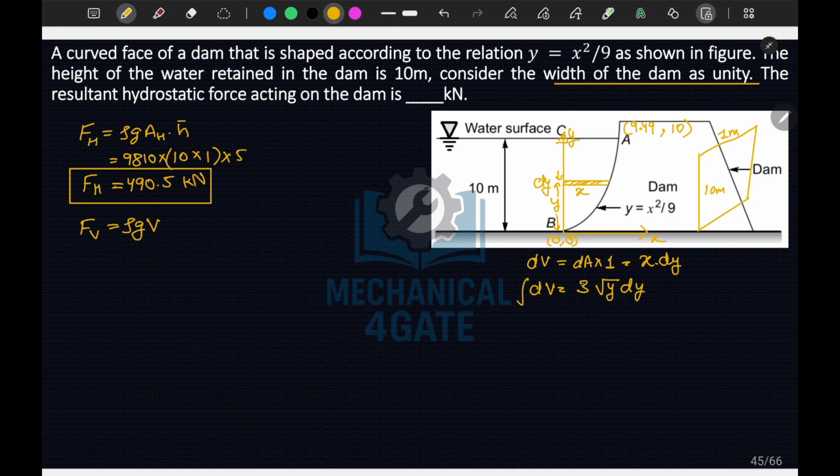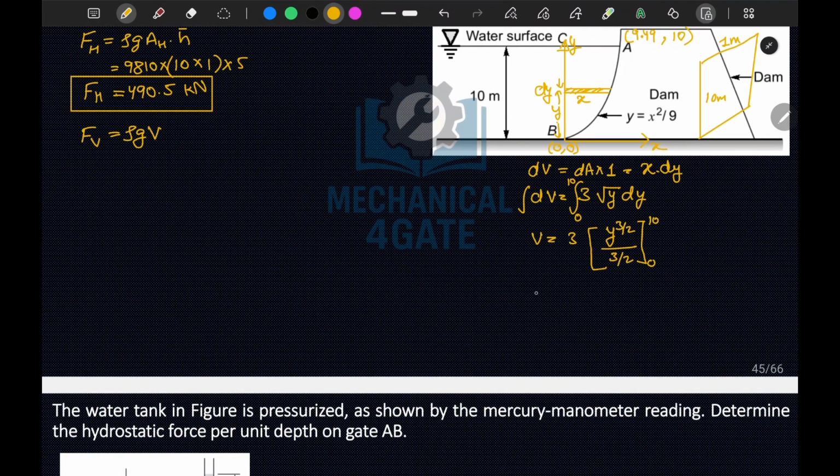Okay, now I should integrate it from y is equal to 0 to 10. So volume of the water inside this will be 3 times of, now integration of root y is y to the power 3 by 2 divided by 3 by 2, with limit from 0 to 10. So V is equal to 3 times of 2 by 3 into 10 to the power 3 by 2 minus 0.